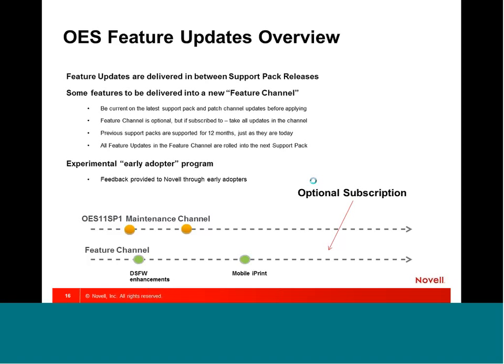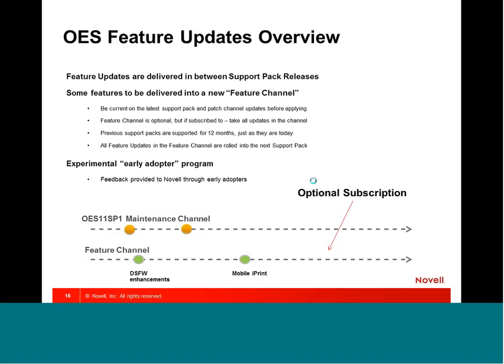That can be a long time to wait for new features. So what we wanted to do is give our customers the ability to get more value, get new features faster, and be able to deliver those in between support pack updates.